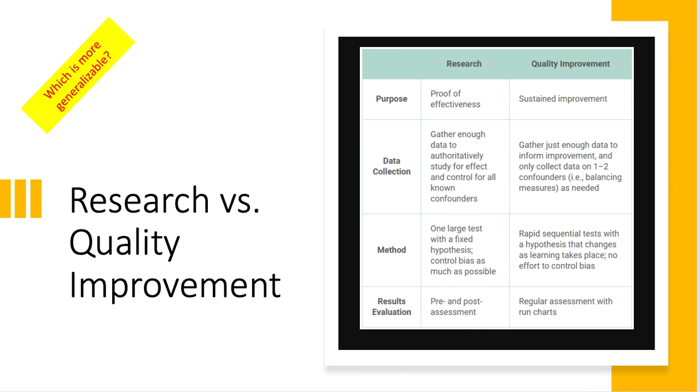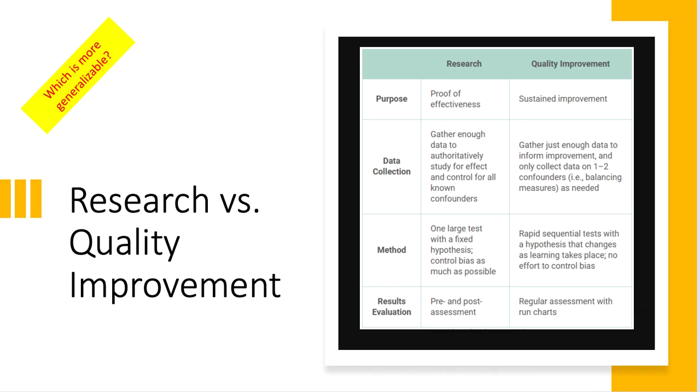So, research, proof of effectiveness, gather enough data to authoritatively study for effect and control for all the known confounders. That's what data collection is about. Your method, one large test with a fixed hypothesis controlled for bias as much as possible, and the results are taken pre and post some intervention.